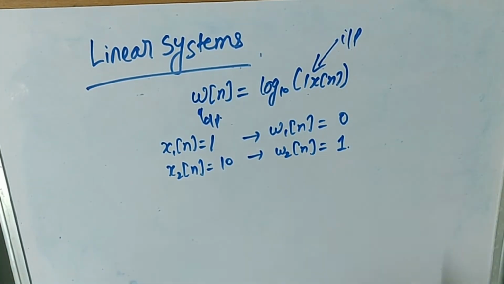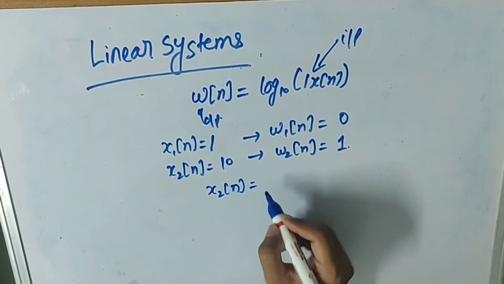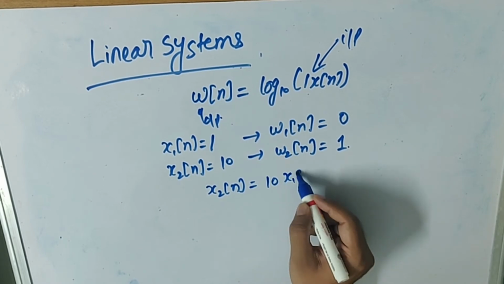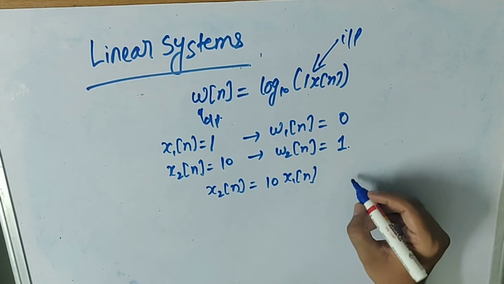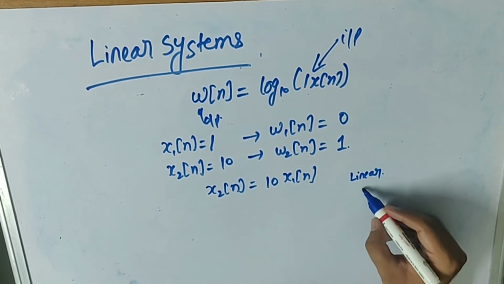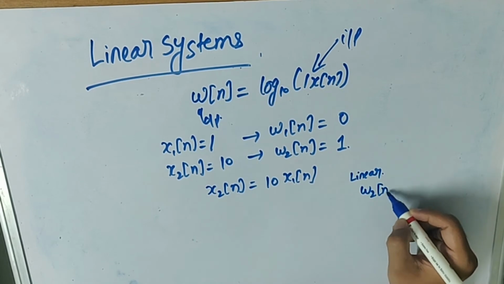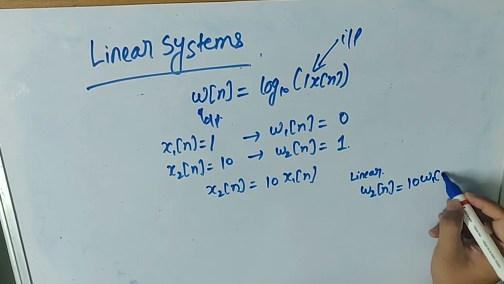Okay, fine. So here we observe that x2[n] is equal to 10 times x1[n]. If the system is linear, what should we have? We should have w2[n] equal to 10 times w1[n].